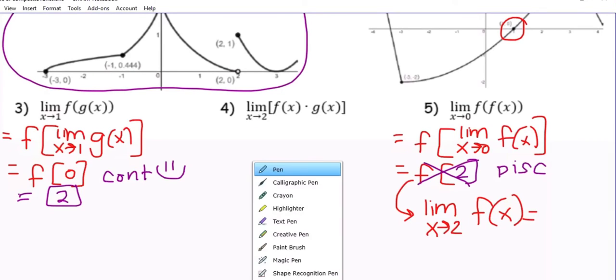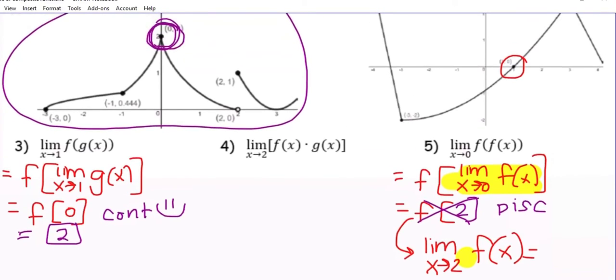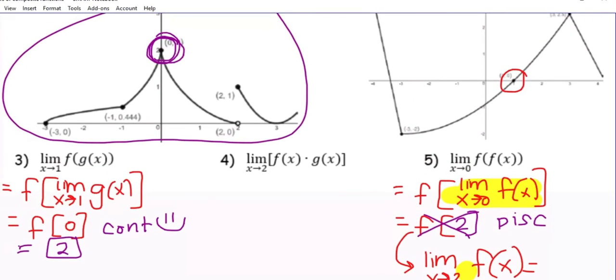We just have to decide if we are going to do this as a left-hand limit or a right-hand limit. So to figure that out, we go back to that original inside limit and we see how do we find that. Well, let's look. As x approaches 0 of f of x, I'm going to look at what I just highlighted, and I'm coming from below. I got the value of 2, but I'm coming from below.